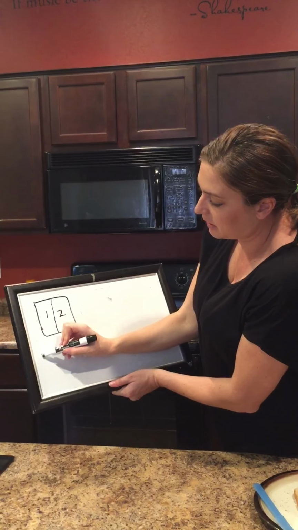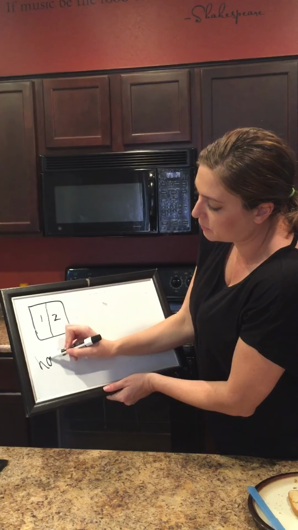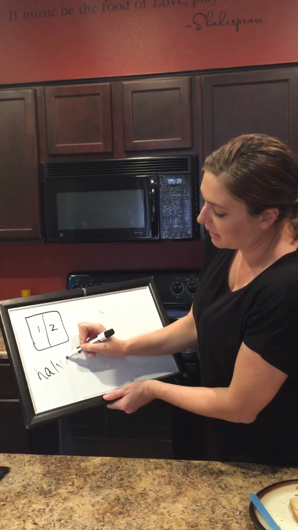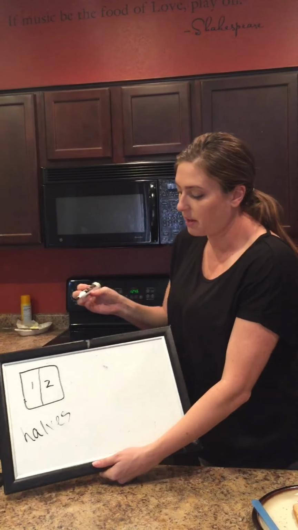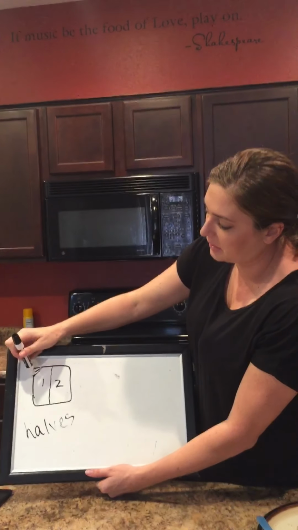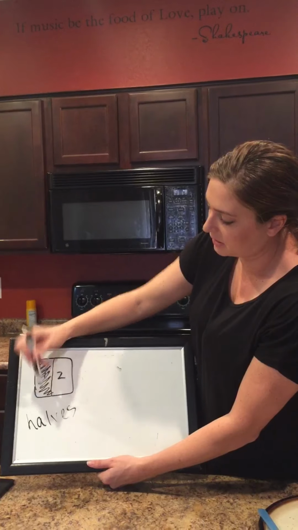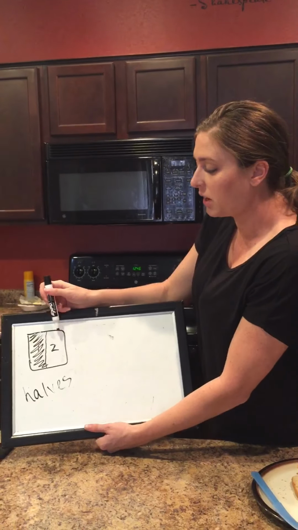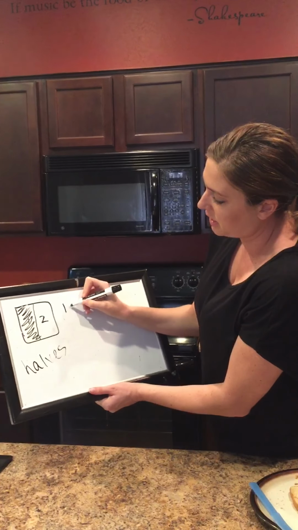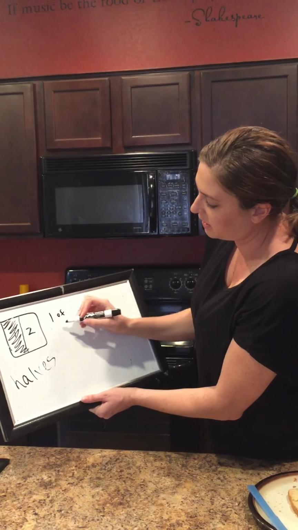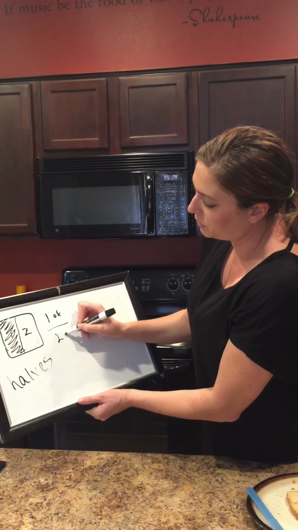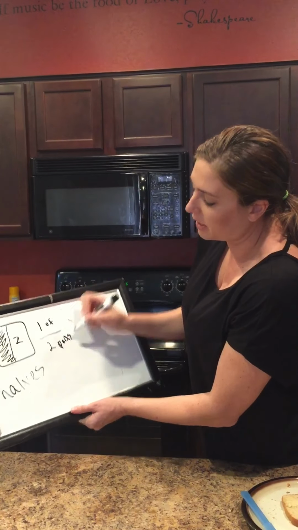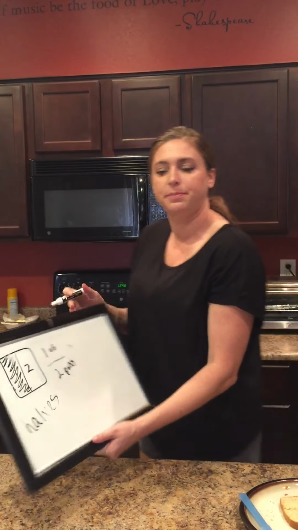When we cut something in half, in 2 pieces, we say we made halves, okay? I ate this piece, didn't I? This is gone, this is in my tummy. So I ate 1 out of the 2 pieces, 1/2 of the sandwich. And how do we write that? We say 1 of 2 parts. This is my 1/2, okay?